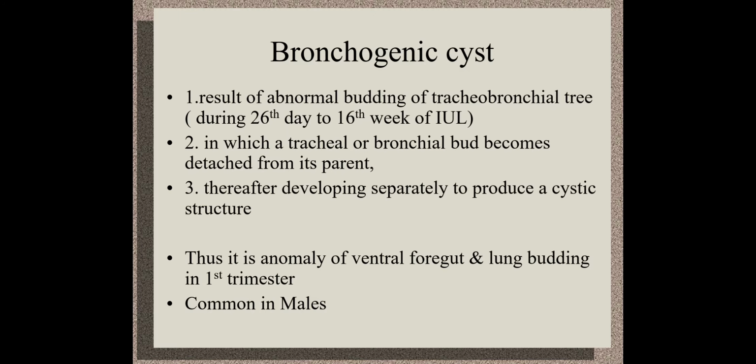Bronchogenic cyst, a result of abnormal budding of the tracheobronchial tree during the 26th day to 16th week of intrauterine life, in which a tracheal or bronchial bud becomes detached from its parent, thereafter developing separately to produce a cystic structure.